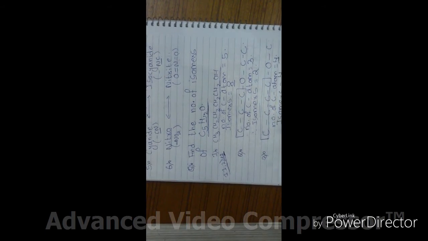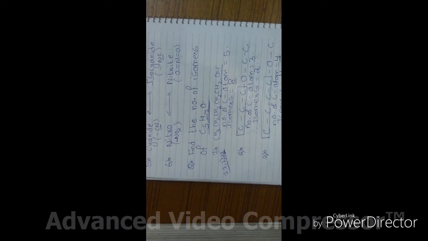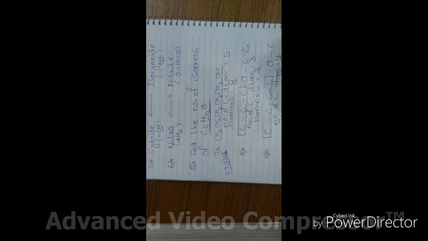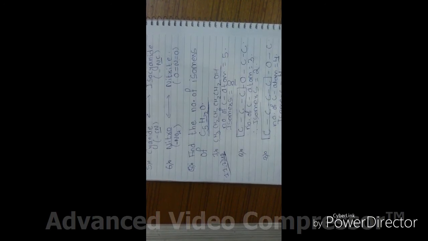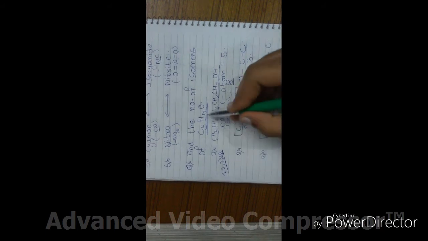So total number of isomers of this molecular formula equal 8 plus 2 plus 4 equal 14 isomers. So 14 isomers are present in this molecular formula.